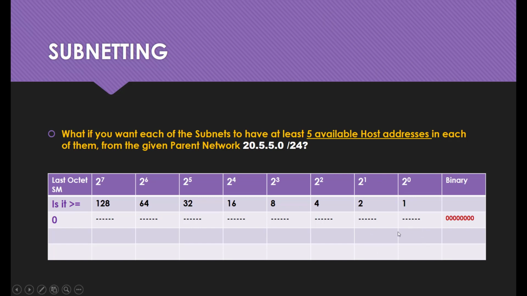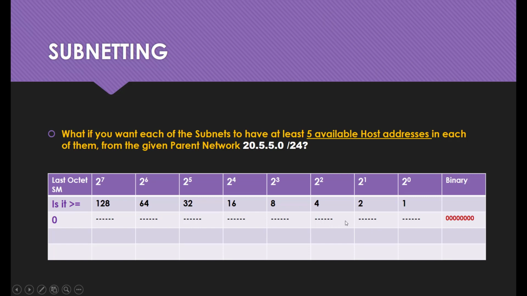So it means that we won't even have any IP address to give out to any device. So what about if there were 2 available host bits from the fourth octet? So it means that that will give us 2 raised to power 2 minus 2, which will give us 4 minus 2, and that will leave us with 2 available IP addresses to be given out, and what we require is 5. So that will not be suitable as a solution for the problem we have.